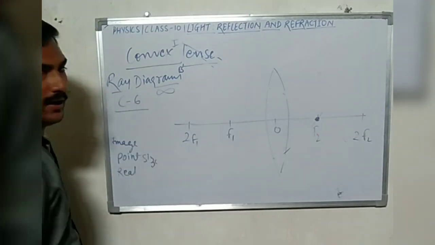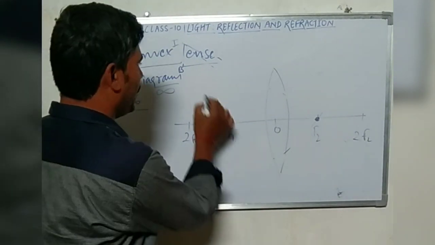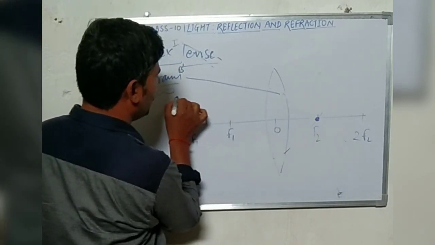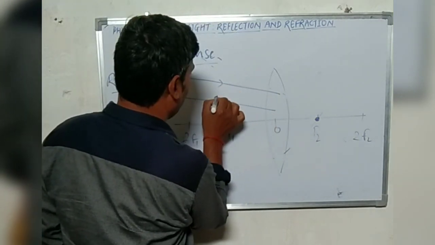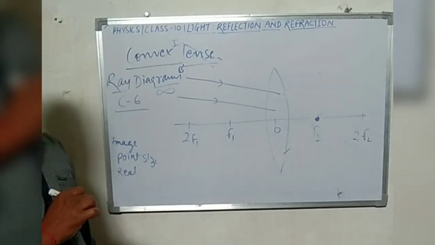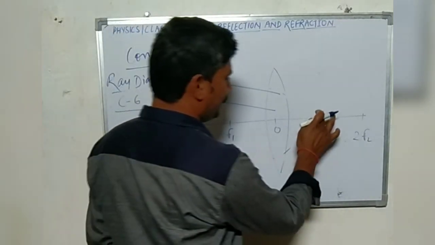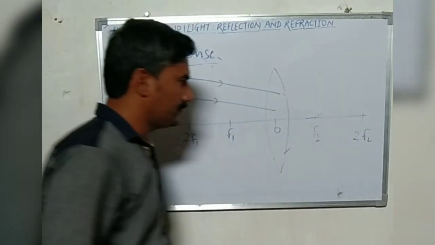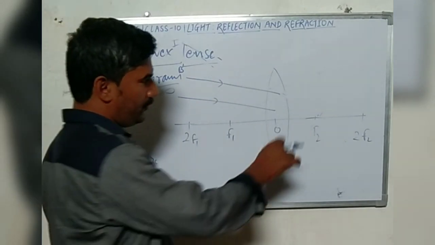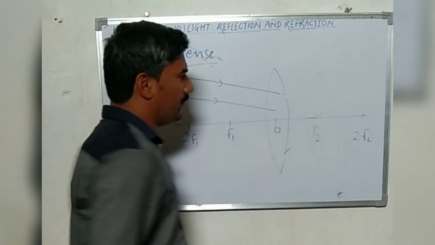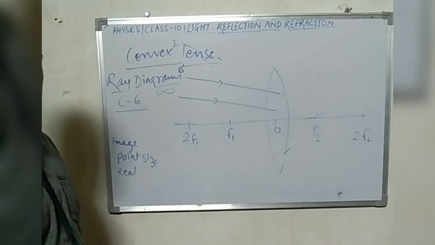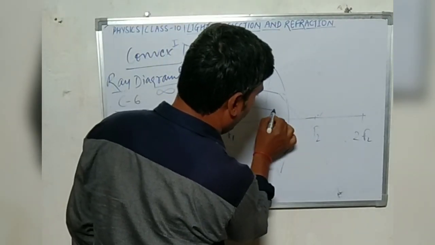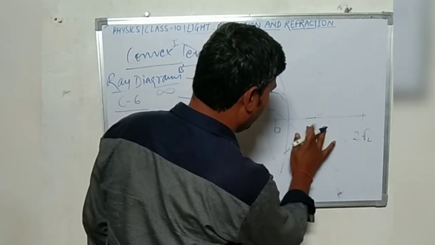Suppose we have an object at infinity, the rays are coming from infinity, this strikes the converging lens. What will happen then? Whether they form image on the principal focus or not? No, they will not form the image at principal focus, but they will form the image just above or below the principal focus.